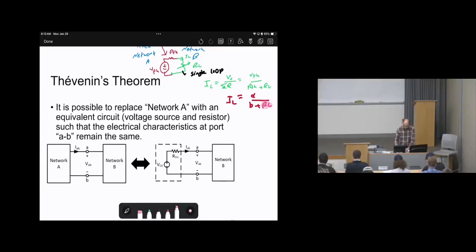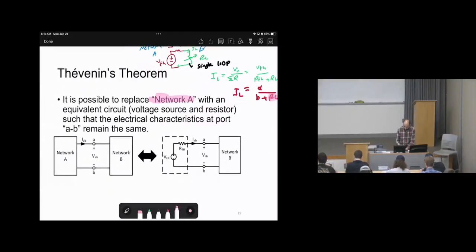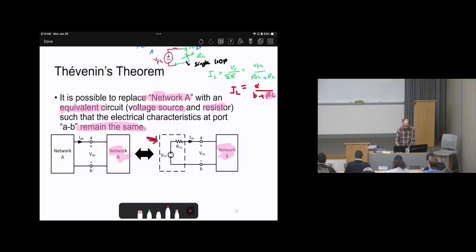Basically, we will replace the constant part by network A. Then network A will be replaced by its equivalence, which is a voltage source and a resistor in series, while network B will remain the same. Network B the same, network A has been changed to a voltage source and a resistor.